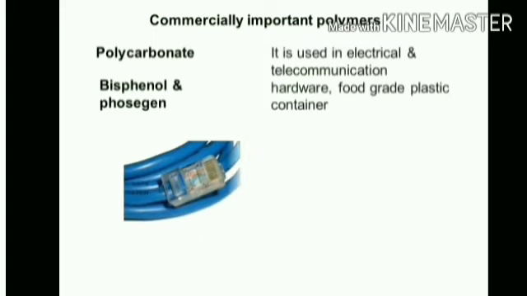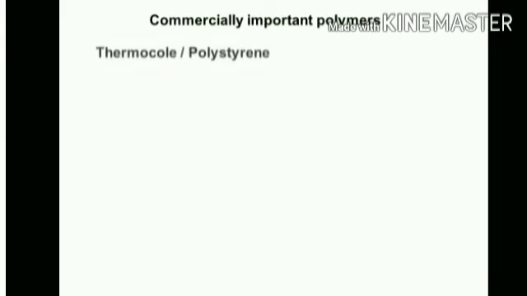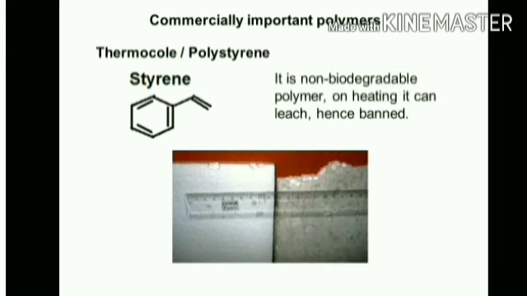It is used in electrical and telecommunication hardware and food grade plastic containers. Next, thermocol, also known as polystyrene. Its monomer is styrene. It is a non-biodegradable polymer. On heating, it can leach, hence banned.